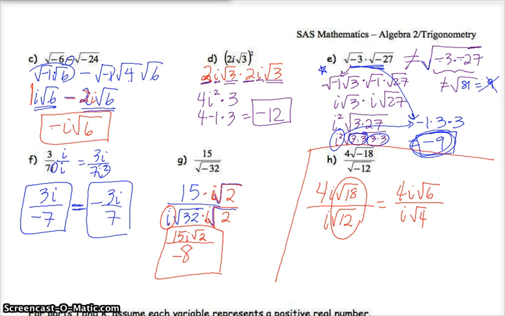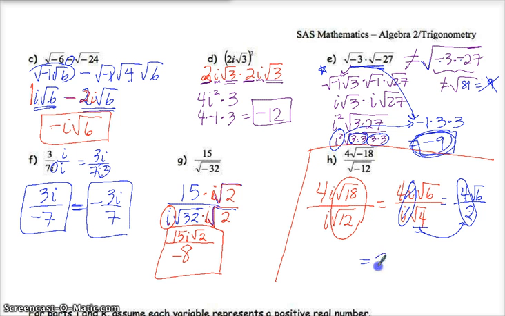Okay, now notice I pulled the i out of both of them, so what happens to my i's? They can cancel each other out. Oh, that did help me, right? So this gave me a square root of 4. So I end up with 4 root 6 over 2, because the square root of 4 is 2. But then 4 and 2 are both on the outside of the radical, so that means I can cancel further.